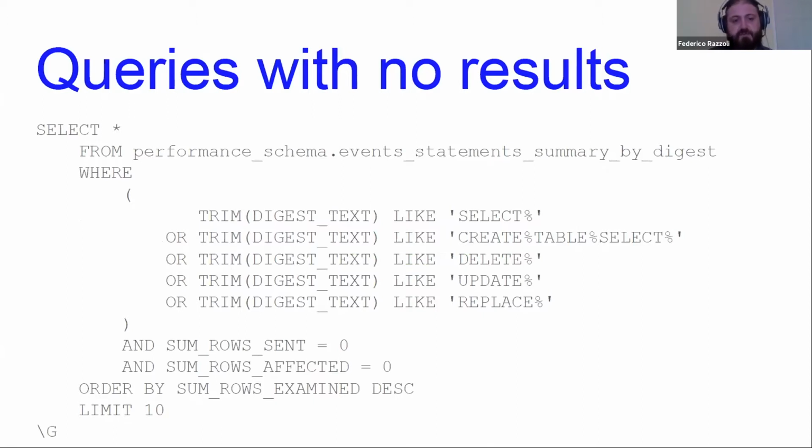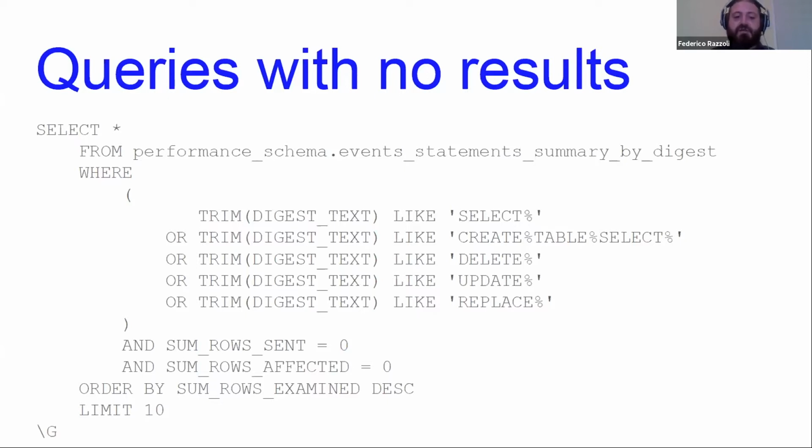Okay, this is another query to see basically which queries never return any rows. Well, not never, but which queries didn't return any row or didn't modify any row, okay? As you can see, there is an order by clause. Basically, we order them by the number of rows they examined. Why? Because even if they don't return any row, they still do something.